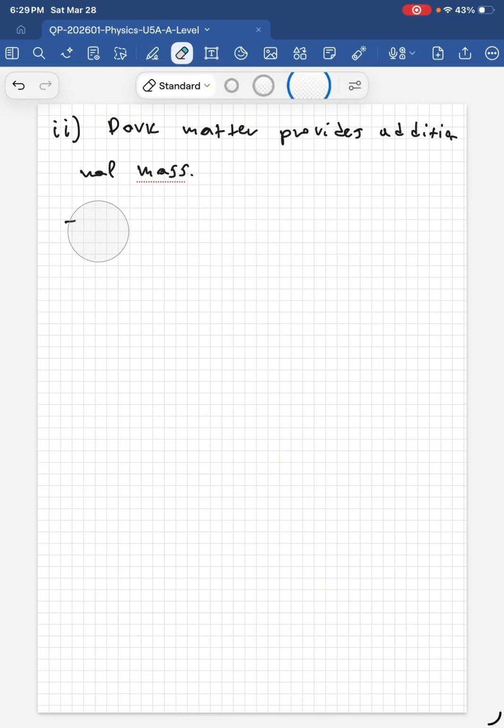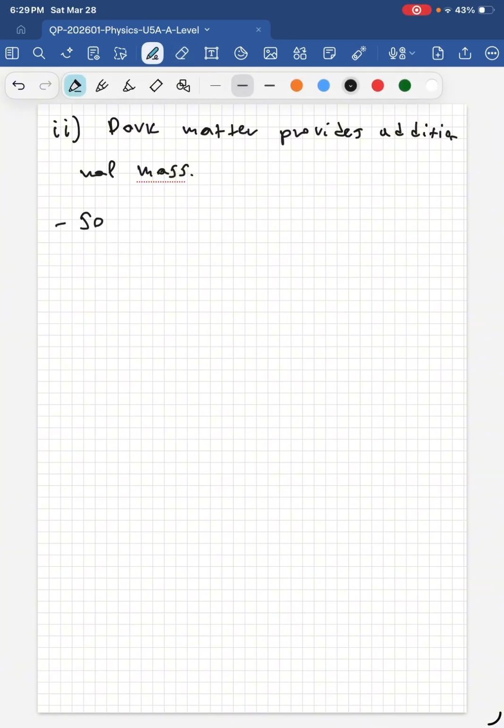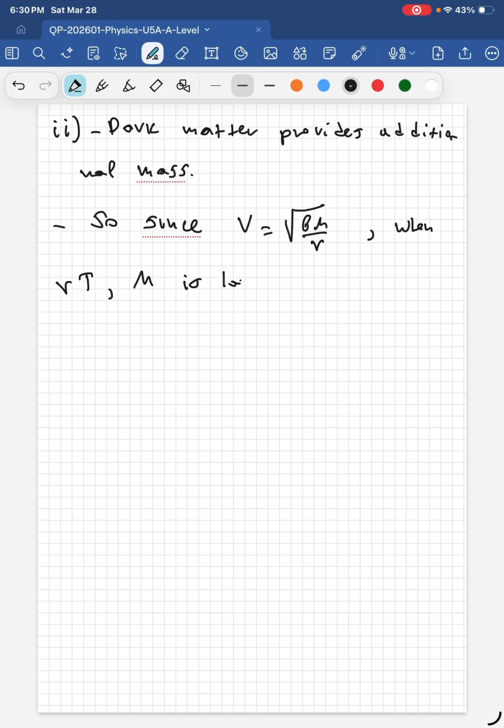What am I trying to say? So even if, since v is equal to the square root of G times M over r, when r increases, M is large enough to keep the velocity high, which is the answer.